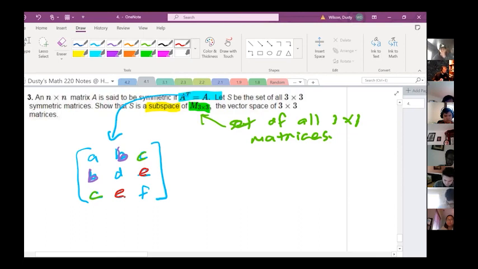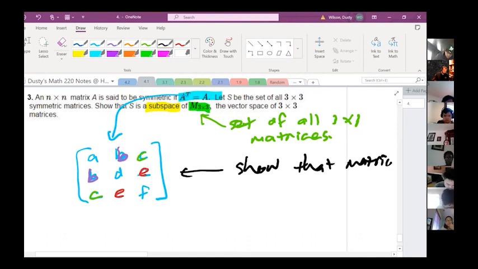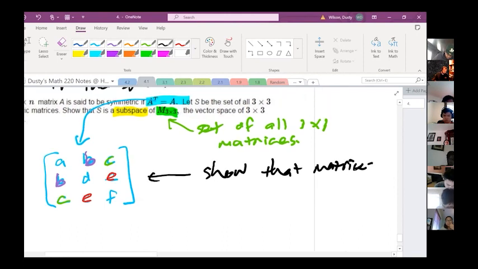And so basically you're going to have to show that matrices of this form include 0, so that's the first condition.